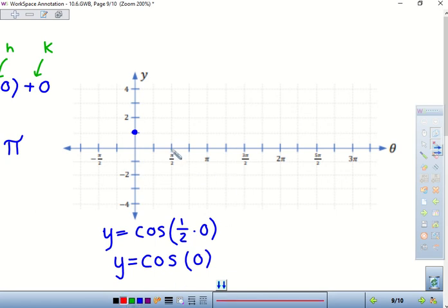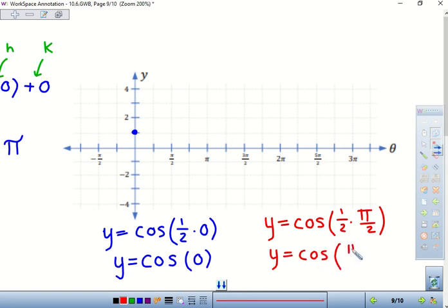Now we're going to plug in this value right here. So we got cosine of 1/2 times pi over 2. This is y equals cosine of pi over 4.